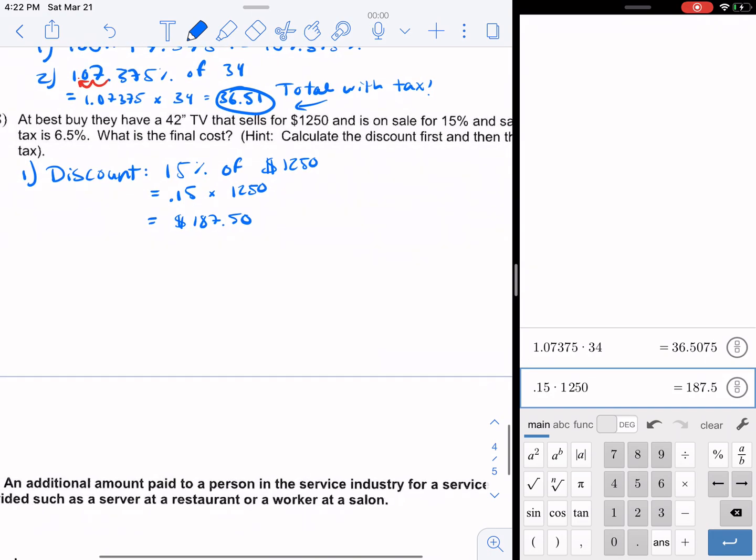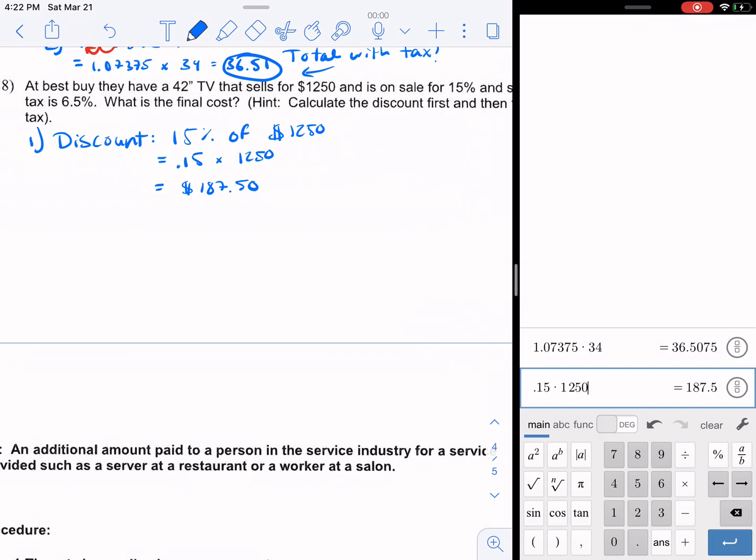So the sale price is going to be the original cost, which was $1,250, and now you're going to pay $187.50 less.